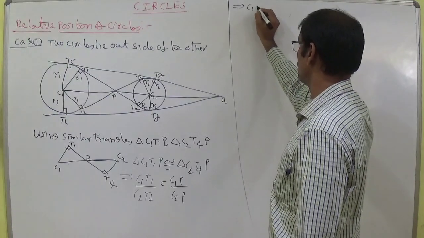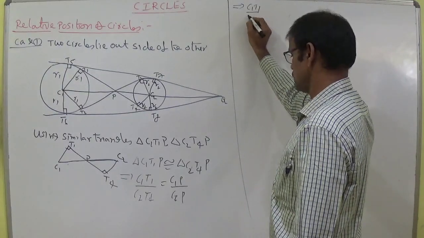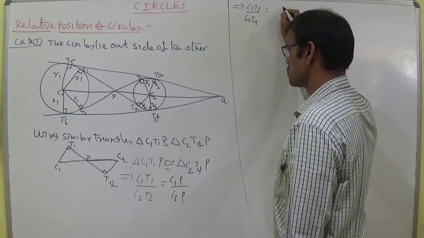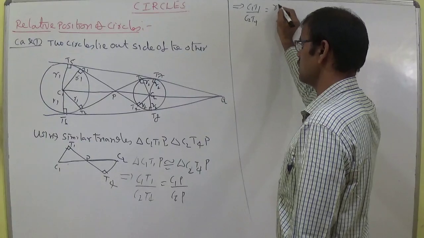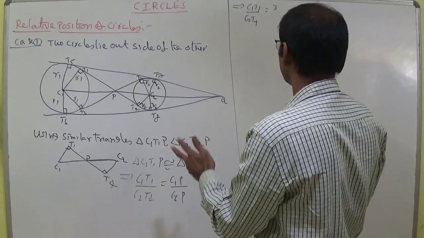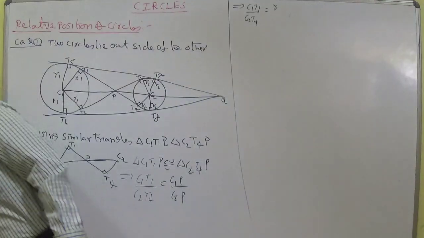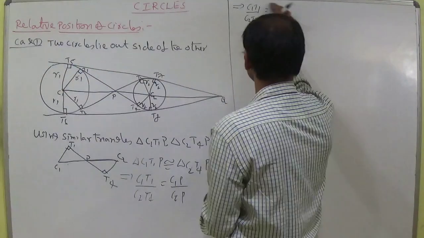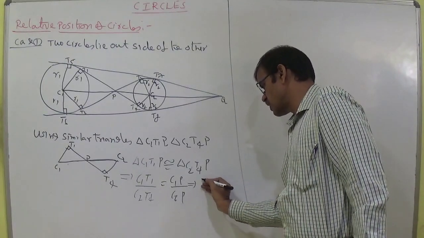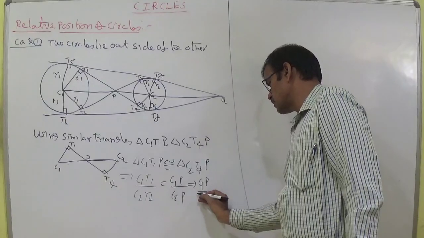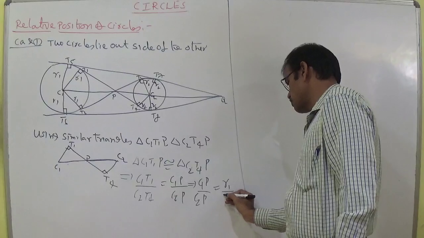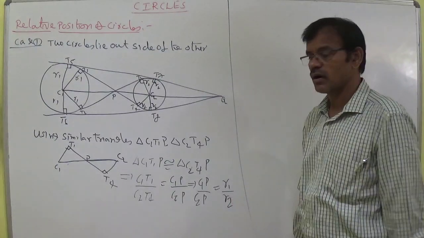There is no question of letters getting confused. C1T1 meaning R1 and C2T4 meaning R2. So directly you can write R1 by R2 is equal to C1P by C2P. That implies C1P by C2P is equal to R1 by R2.